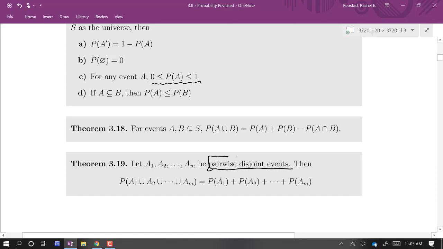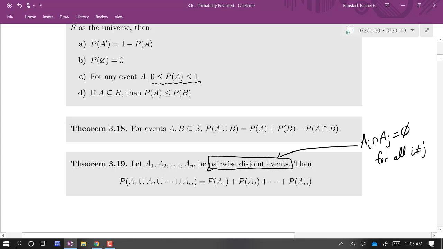Pairwise disjoint means that no two sets overlap, meaning that for any two of these A sub i's you pick, their intersection is empty. So we would say A_i intersect A_j is empty for all i not equal to j.